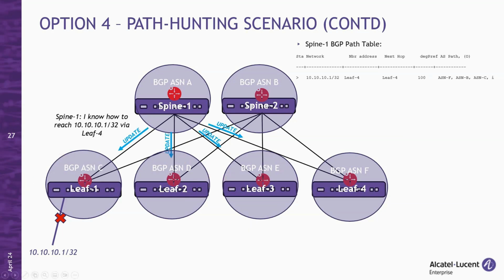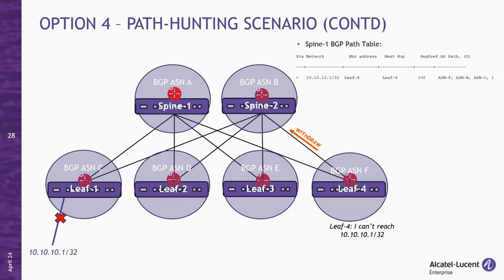When spine 1 receives the update message, it withdraws the prefix with the next hop as leaf 3 for that prefix, but it has alternative routes. It sends a new update message saying it can reach the route via leaf 4. Now leaf switch 4 sends back an update message to spine 1 with a withdrawal for the prefix, since it is not able to reach the route. So spine 1 BGP table withdraws the route.